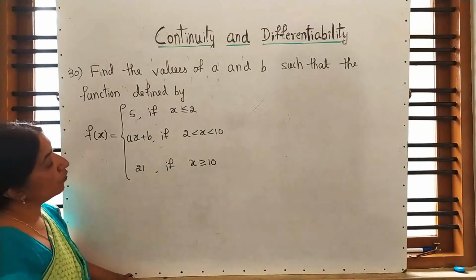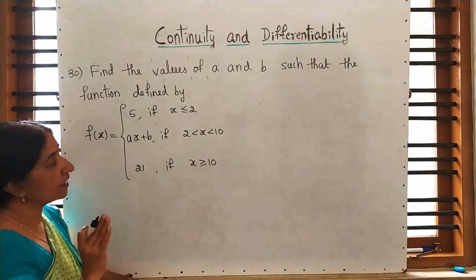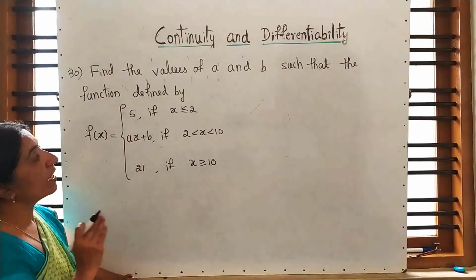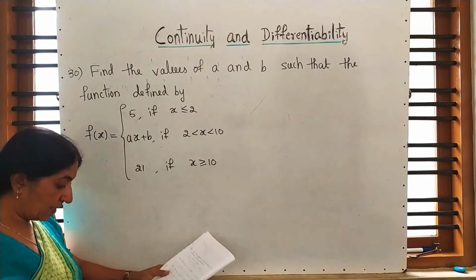Here the problem is defined at 2 points. One is at x is equal to 2 and another one is at x is equal to 10. Here we have to find the values of a and b.